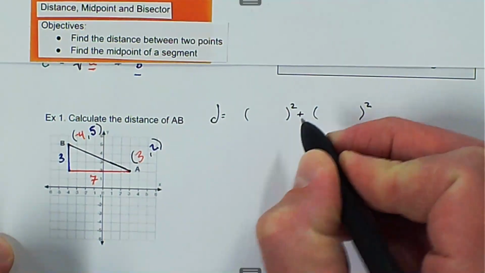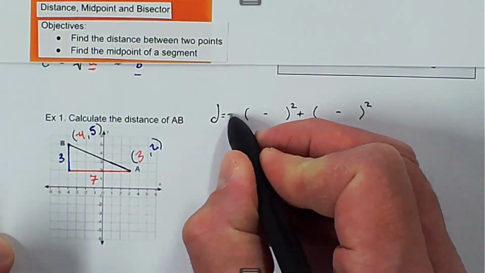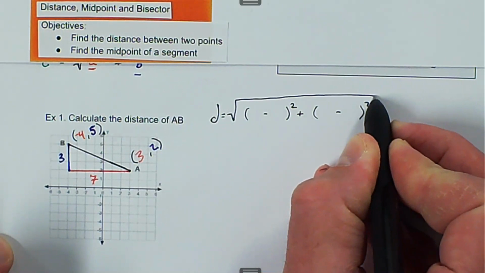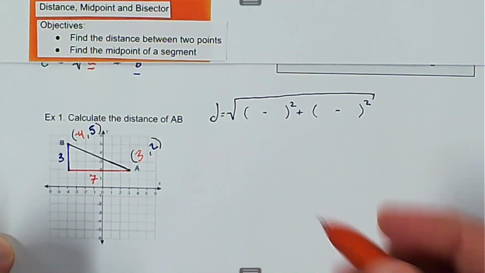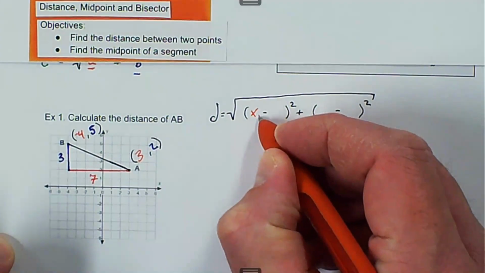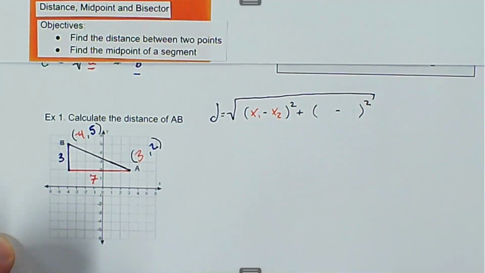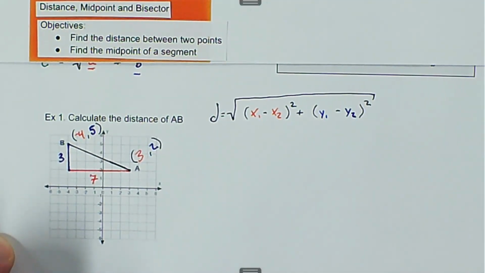We're going to add the parentheses together, and we're going to have the minus sign in the middle, and the whole thing is going to be square rooted. Now the parts that go inside the parentheses, we have x sub 1 and x sub 2, and we have y sub 1 and y sub 2. Now we're going to substitute those values in.